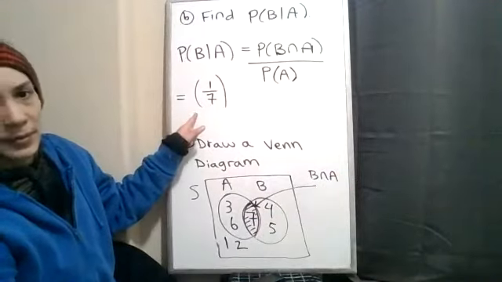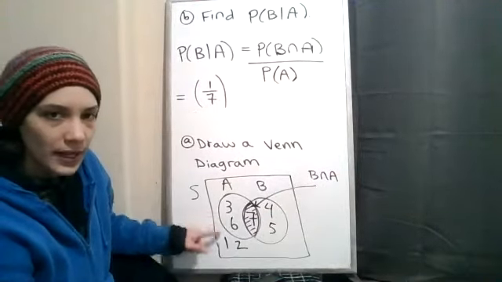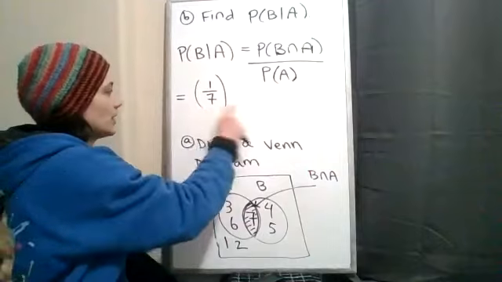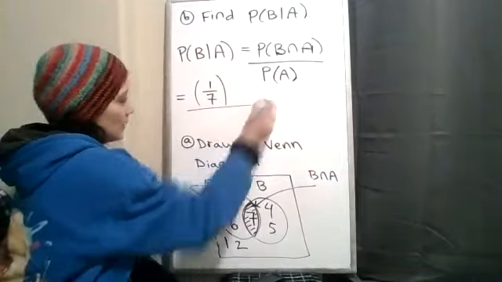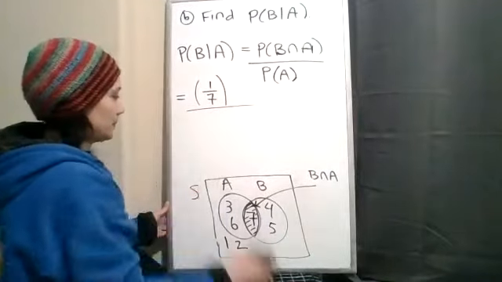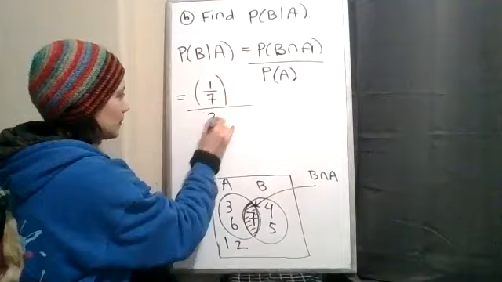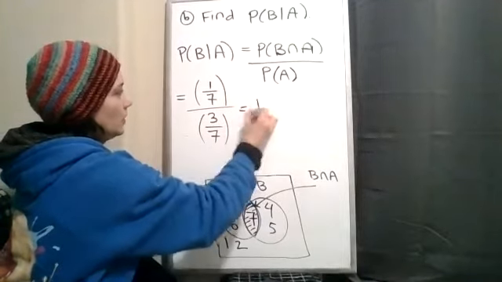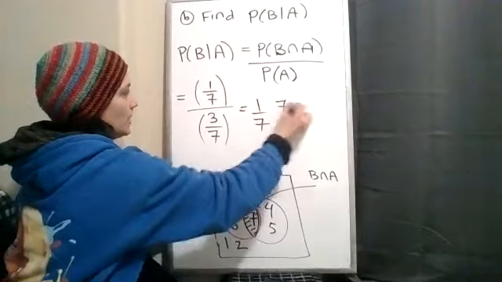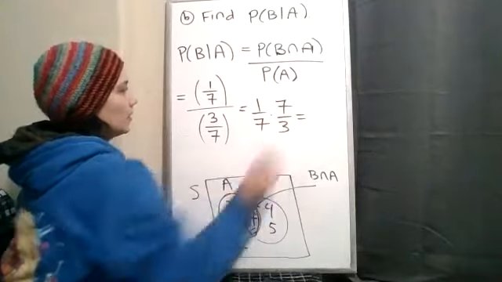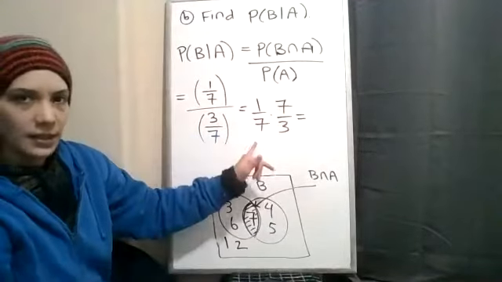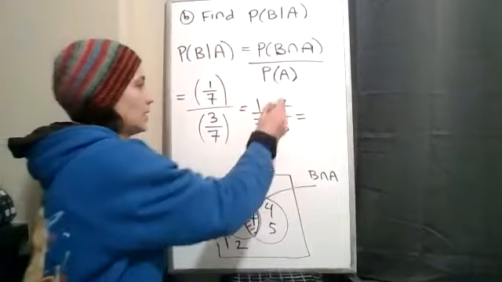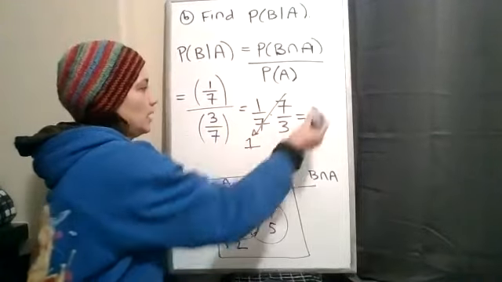Divide by the probability of A, which contains 3 elements, so its probability is 3/7. 1 over 7 times 7 over 3. 7 over 7 reduces to 1, and there's a 1/3 left over.